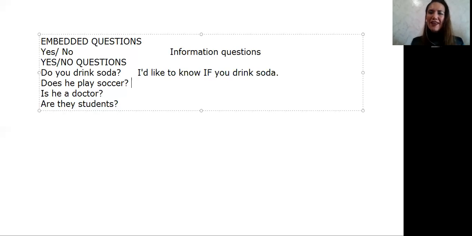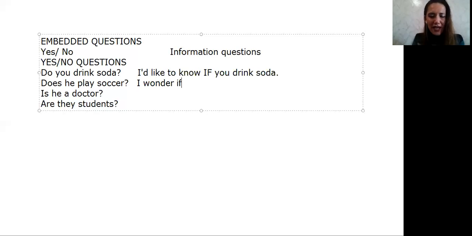Where we have the auxiliary does, remember, the rule for simple present tense with the he, she, it pronouns is that you need to include the s at the end of the verb. So I wonder, for example, I wonder if, I'm going to use if because it is a yes/no question.